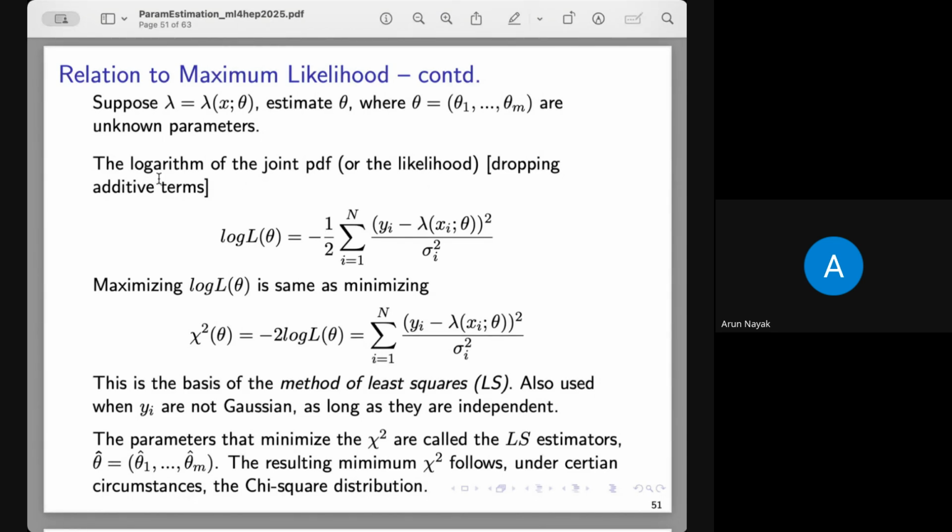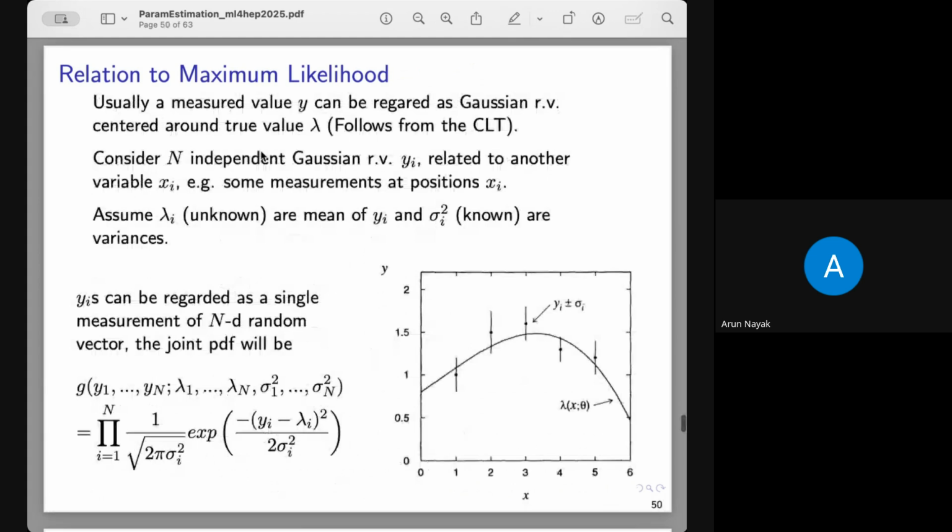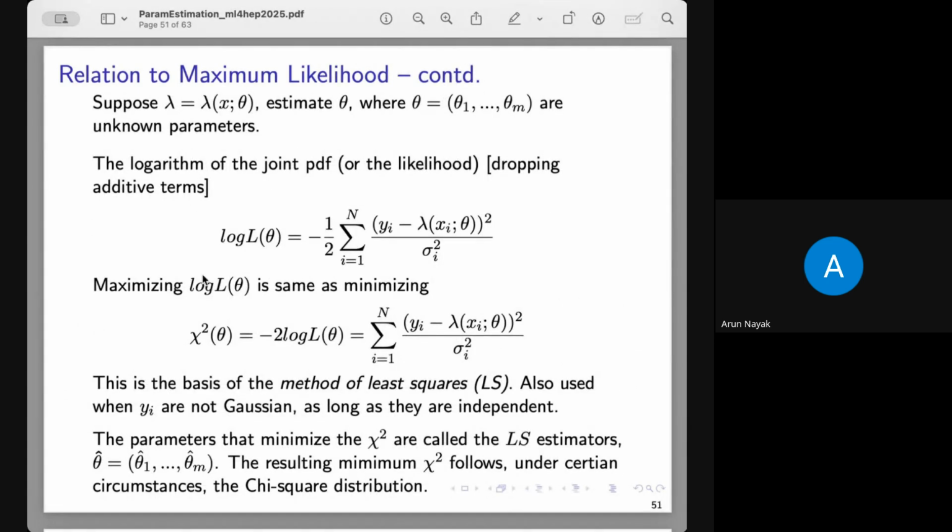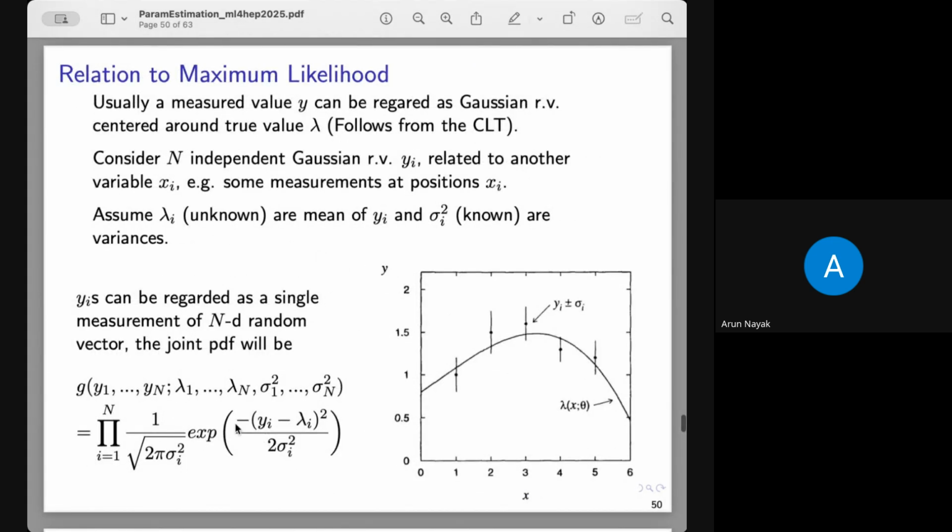Now to estimate this, if we use the maximum likelihood method, what we have to do is maximize the log likelihood function, the log of this joint probability. If we write this log likelihood, you will have the sum of the log of this term plus the sum of the log of this term.